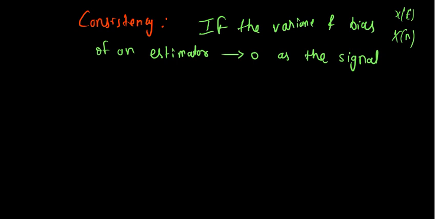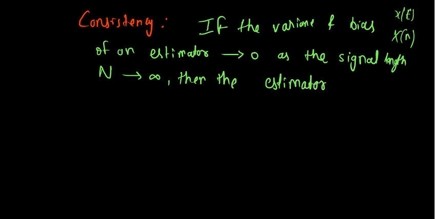So as the signal length n tends to infinity, then the estimator is called consistent estimator.